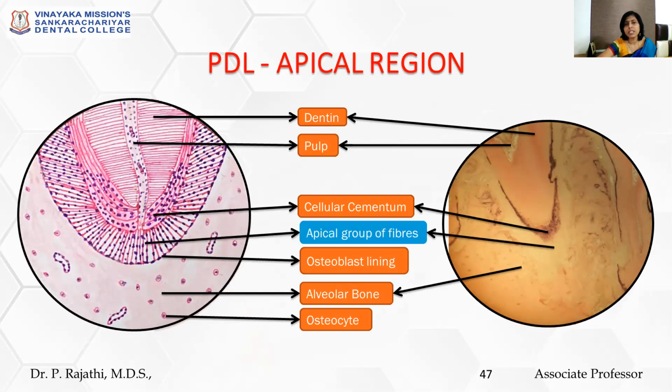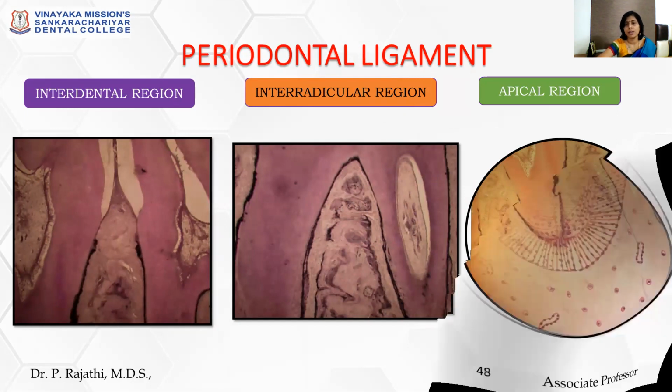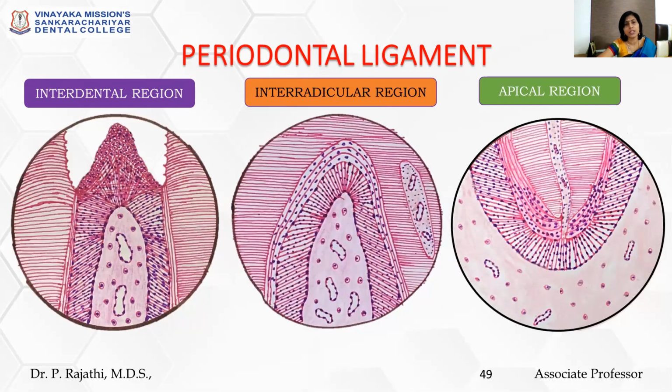And from the tip of the root, that is from the cellular cementum, fibers extending to the fundus of the bony socket, that is the apical group of fibers, again radiating in nature. And then the oblique group of fibers can be seen above those apical fibers. So these are the 3 slides with the interdental region, interradicular region, and apical region showing the periodontal ligament. And you can make use of these diagrams to draw the periodontal ligament fibers of the interdental region, interradicular region, and apical region.